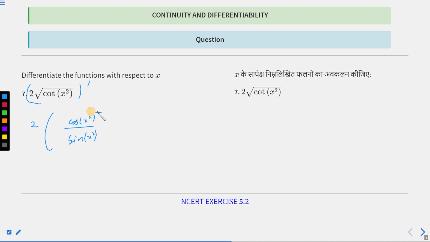This is the root. Now first of all I have to use the derivative of cos by sine. So let me quickly go through it.